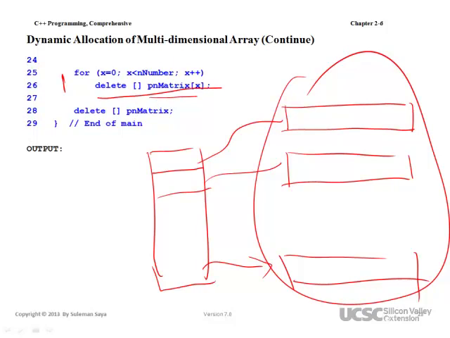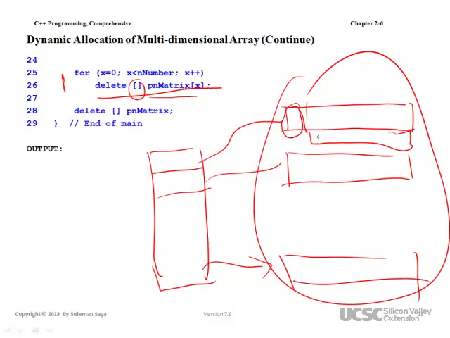Again remember, if you forget to put in this square bracket, what will happen? It will just delete the first element. That means it will lose the pointer, and then the rest of the array will be in the memory.